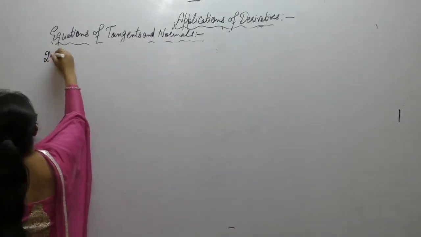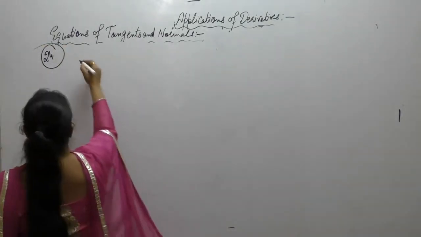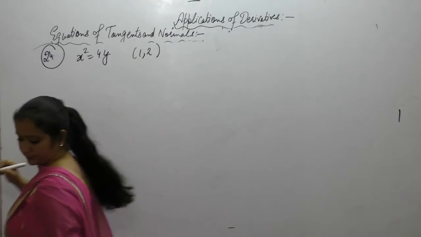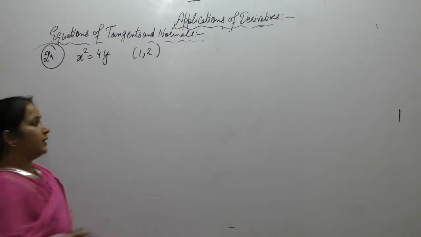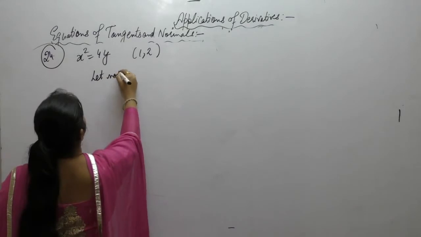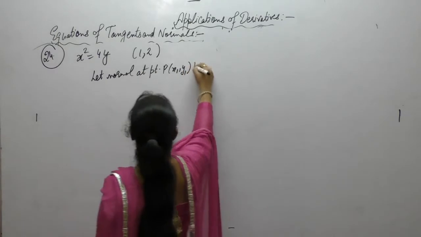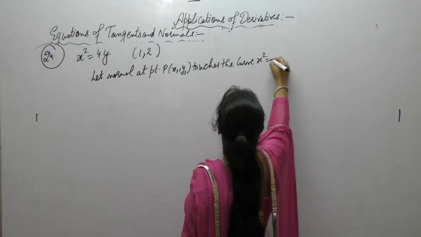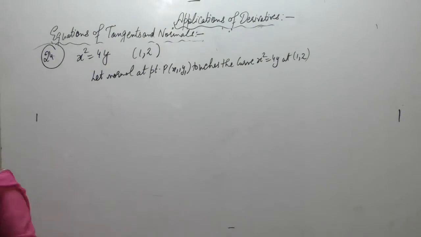Now the next one is: find the equation of normal to the curve which passes through 1, 2. Write down. Let the normal at point P touch the curve at x1, y1.